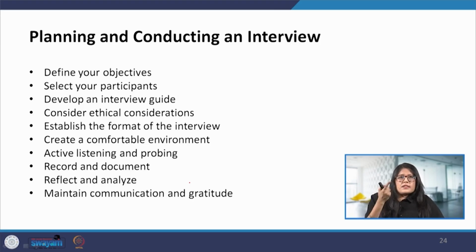Here we can see some steps to be considered in order to conduct an interview. At the outset of the interview, the interviewer should introduce themselves and explain why they are doing this exercise, and should reassure the interviewee regarding any issues and ask if they mind being recorded.